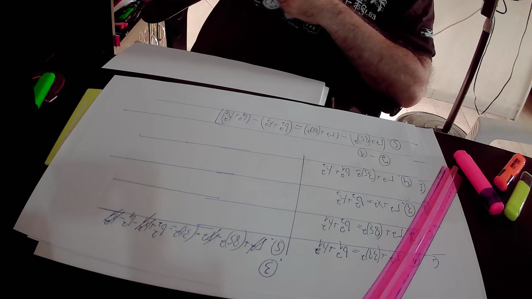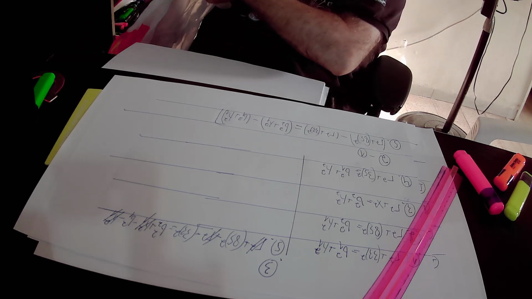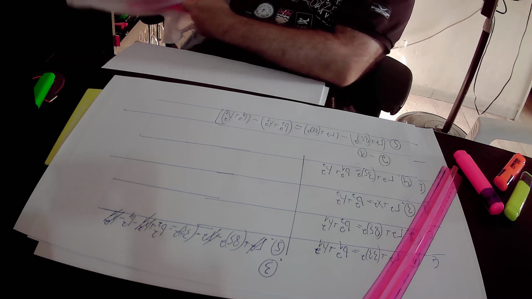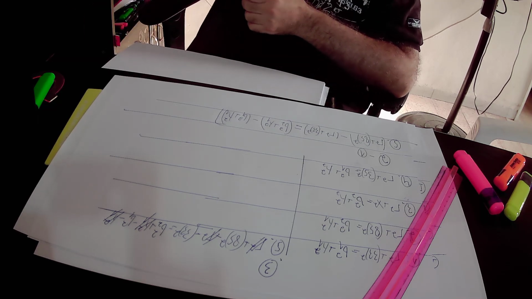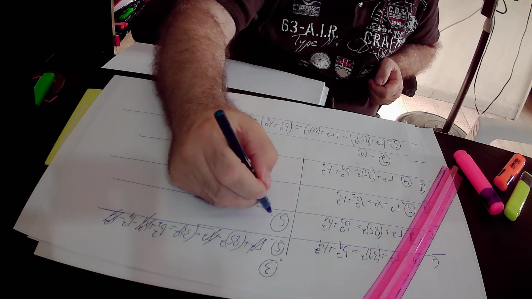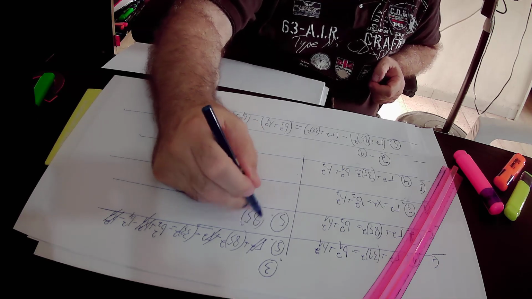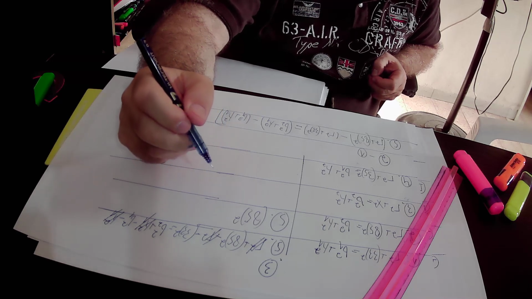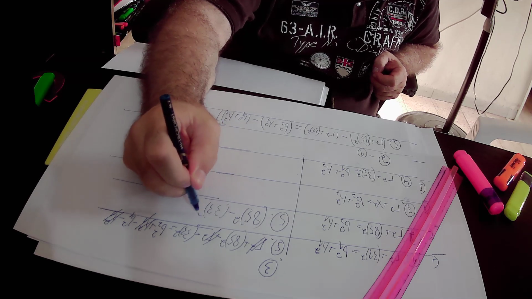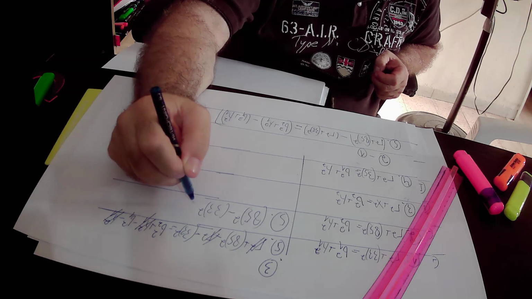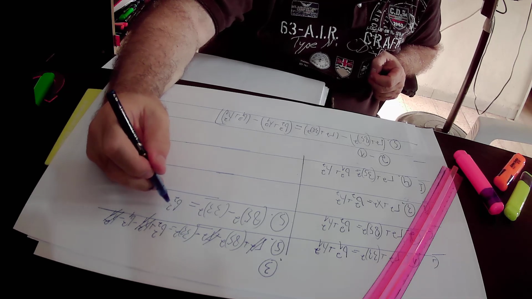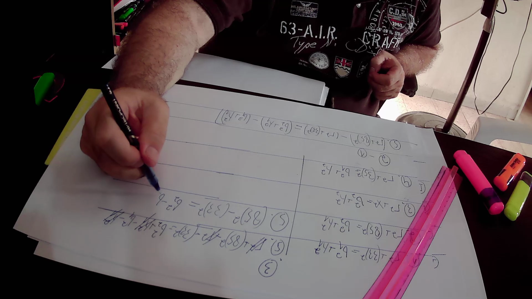On this side of equation number 5 we are left with 85 squared minus 33 squared, and on the other side we have b2 squared minus b1 squared.